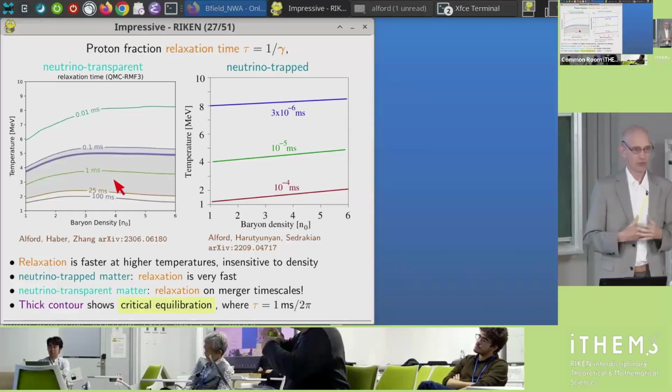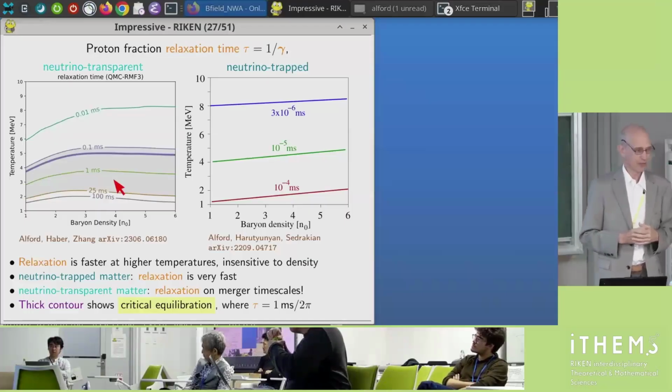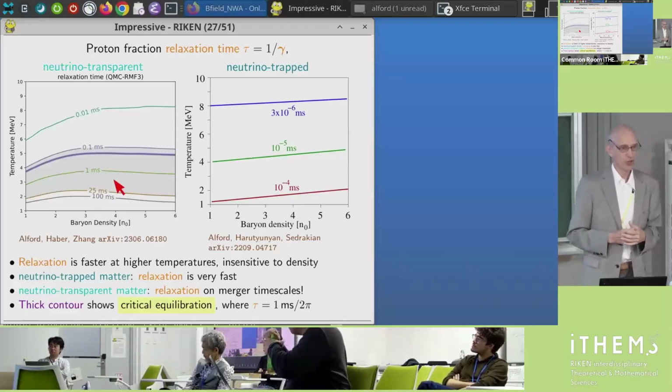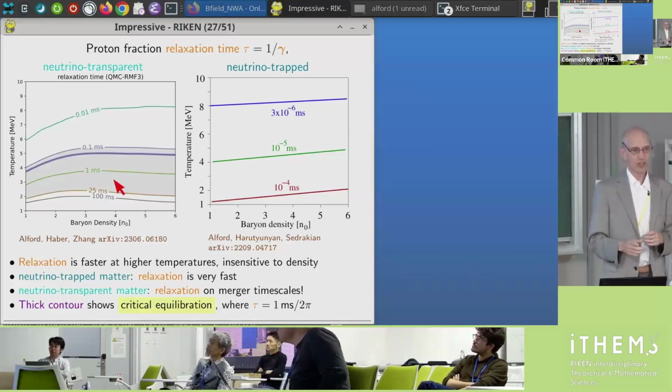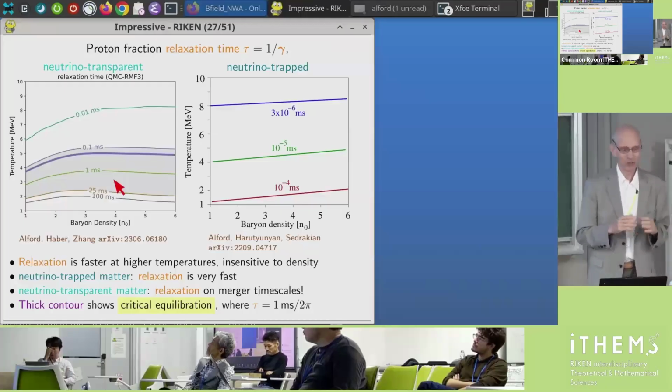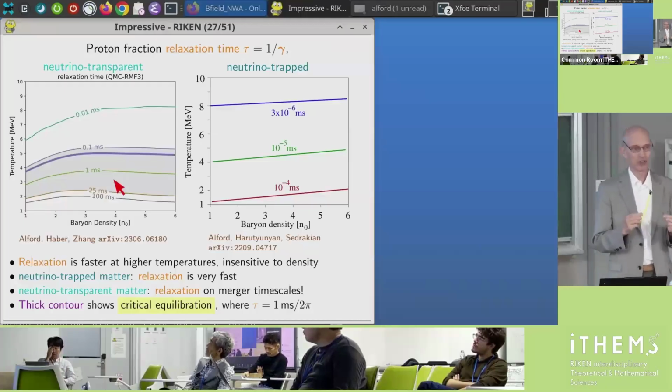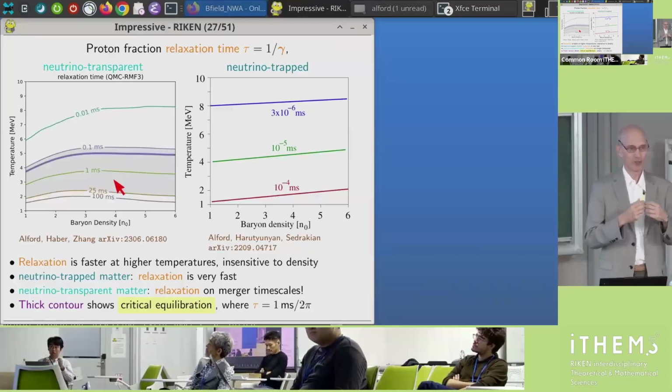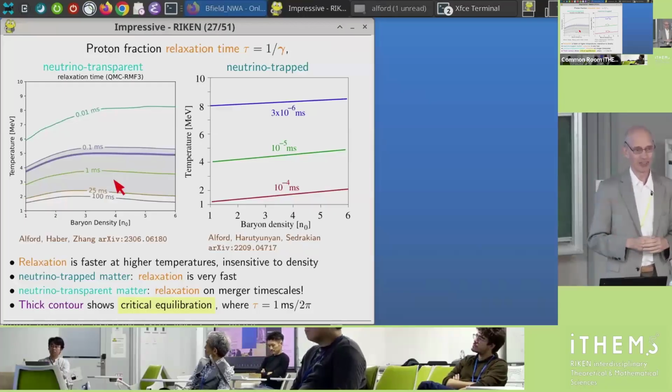In the neutrino transparent regime, the neutrinos do not have a chemical potential. It's not that their chemical potential is zero. They don't have a chemical potential because they're never in equilibrium. In the neutrino transparent case, we do not treat neutrinos as being equilibrated. We treat them as some form of radiation that leaves the system.